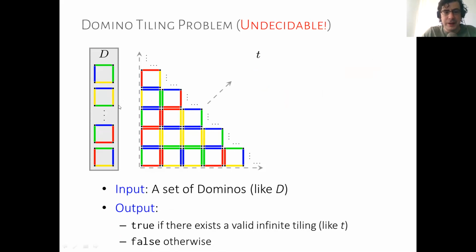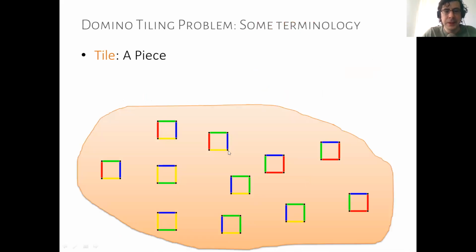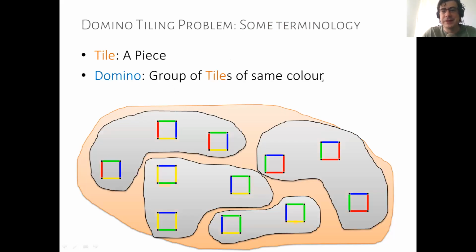So, okay, first of all, here's our problem, and now we have to start to define this in terms of an ontology. We're going to use two pieces of terminology to start with. The first is we're going to call a tile a piece, and we're going to call a domino a group of tiles of the same color.